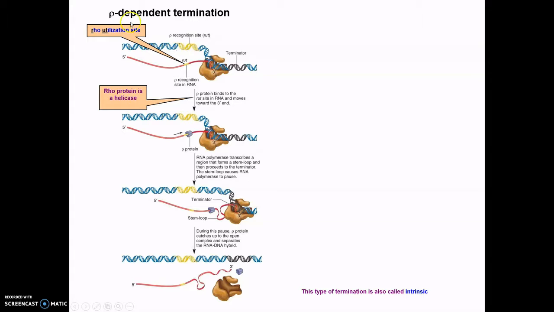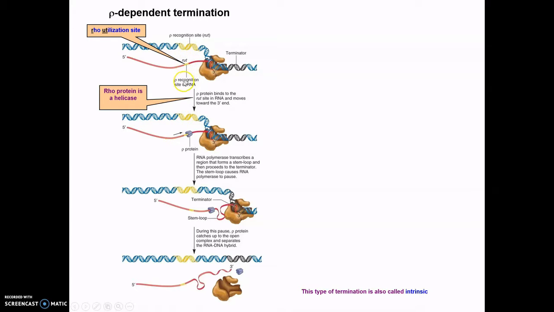So let's take a look at how this works. First we'll go through Rho-dependent termination. So in the sequence of DNA, we have a site that is the Rho recognition site. That is transcribed in the growing messenger RNA. So here's the template up here, it's transcribed, and now you have this rut site present on the messenger RNA.